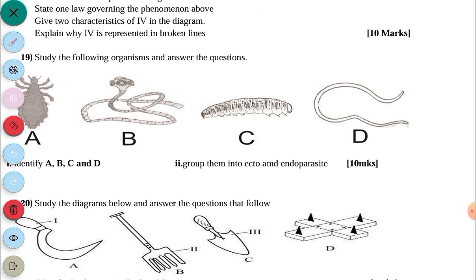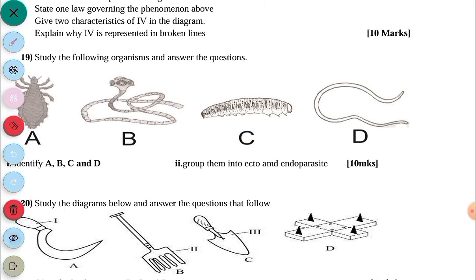So for the ectoparasites, the caterpillar is an ectoparasite, and then the louse is also an ectoparasite. Now, the tapeworm is an endoparasite and the roundworm is also an endoparasite.